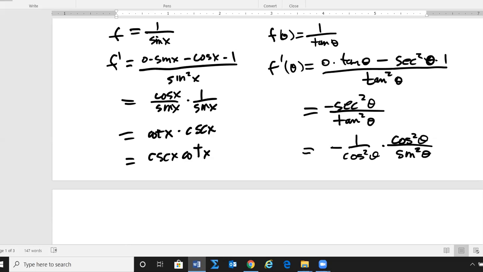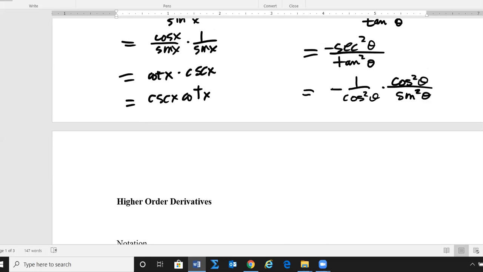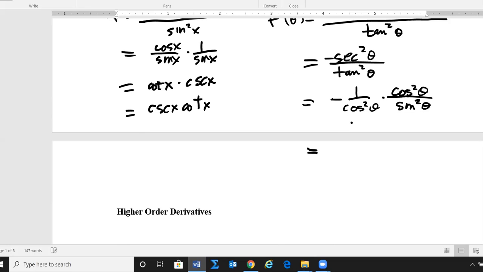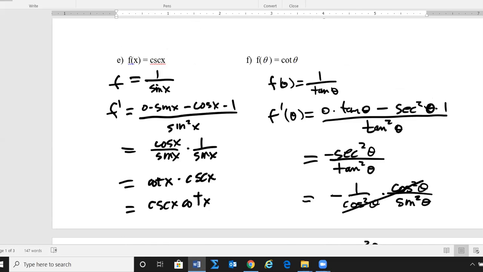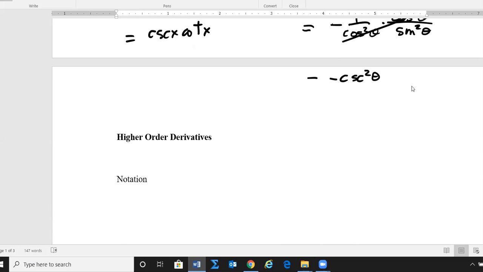And notice we get that cancellation there. We have minus 1 over sine squared, which is minus the cosecant squared theta. So there's our result. The derivative of the cotangent is minus cosecant squared.